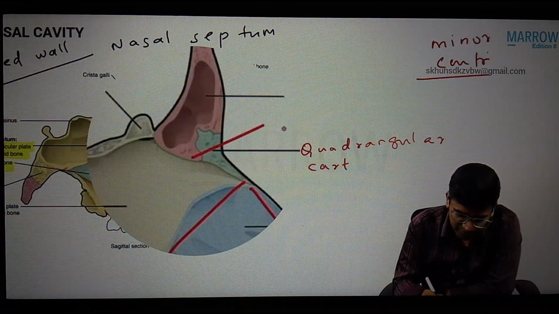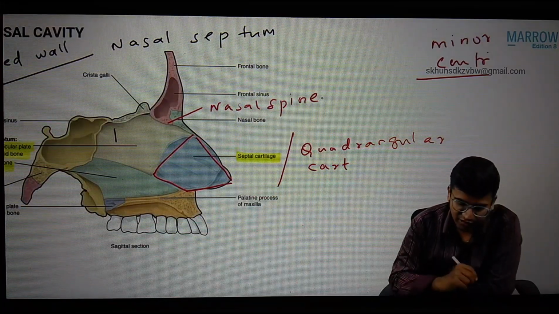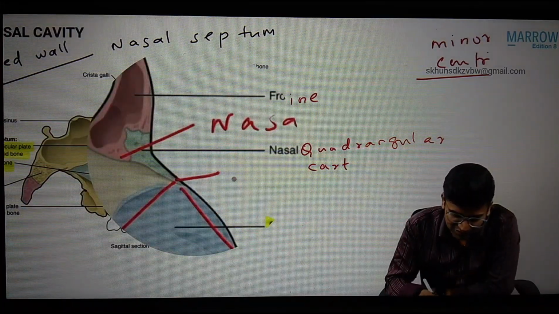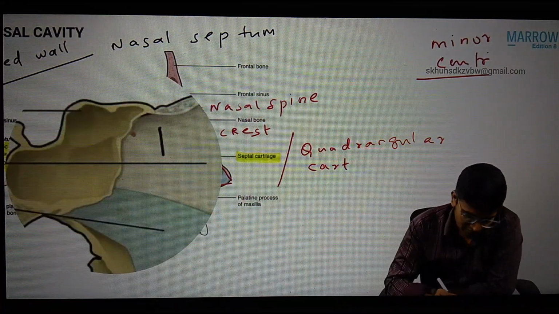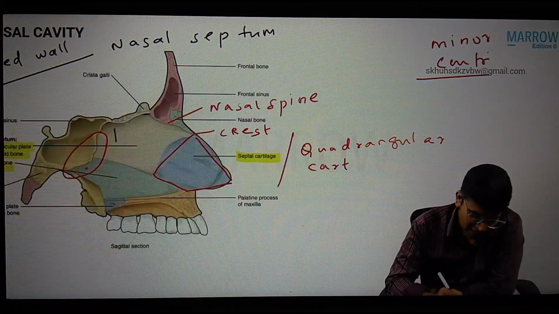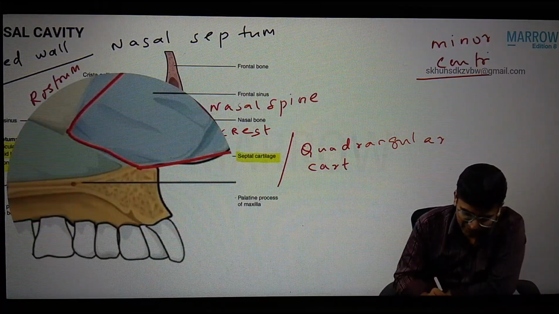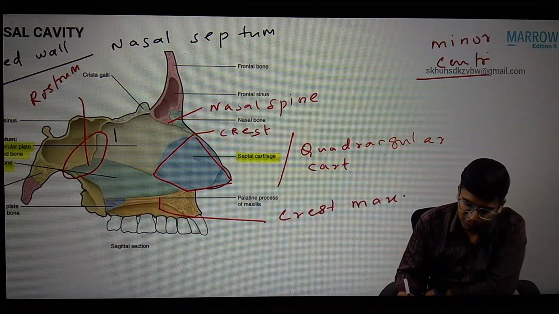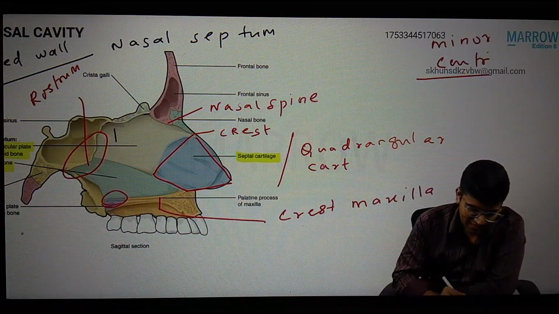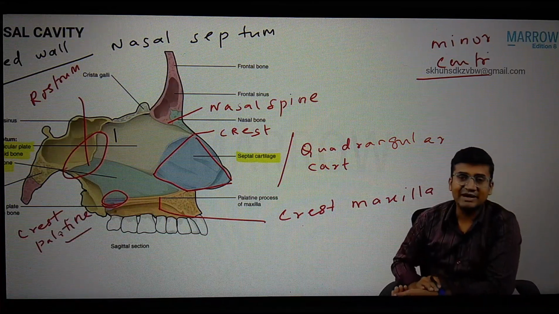This one, that is the nasal spine of the frontal bone, and this one, that is the crest of the nasal bone. This part, that is the rostrum of the sphenoid bone, and we also have the crest of maxilla, and crest of palatine bone. Okay, these are the minor contributions.